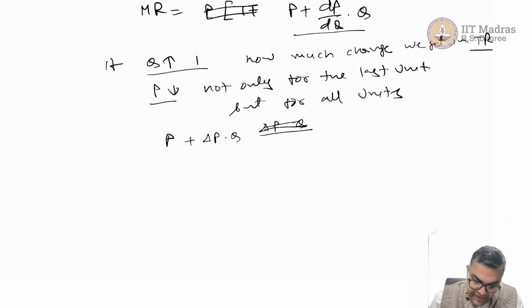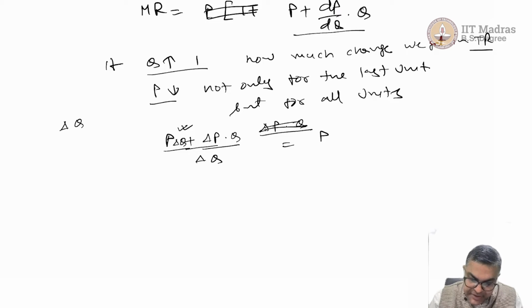Or, because we are talking about delta P, instead of saying Q going up by 1 unit, we can say Q is going up by delta Q units. This is the increase in revenue because of the more items bought, and this is a decrease in revenue because for each item prices have come down, and this should be divided by delta Q.